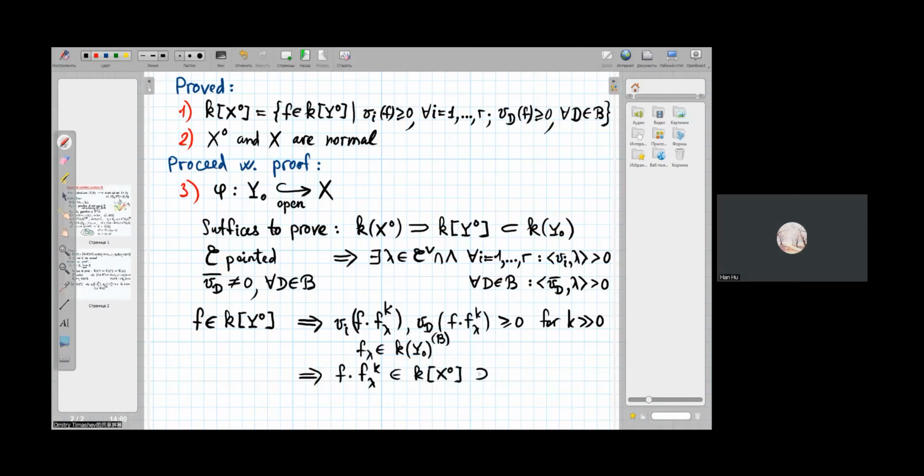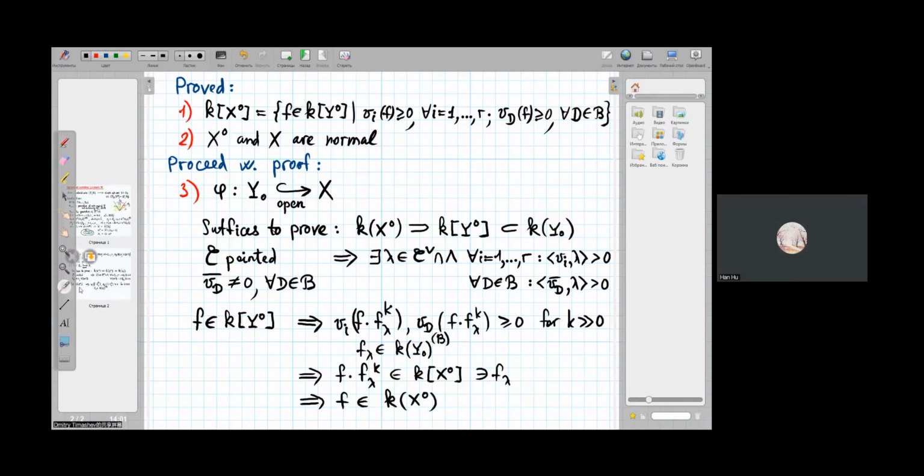And for the same reason, f lambda itself belongs to the coordinate algebra of x upper naught, because for f lambda the same inequalities are satisfied, and even strictly. So these two inclusions imply that f is contained in the fraction field of the coordinate algebra, that is, in the field of rational functions of x upper naught, and we are done.